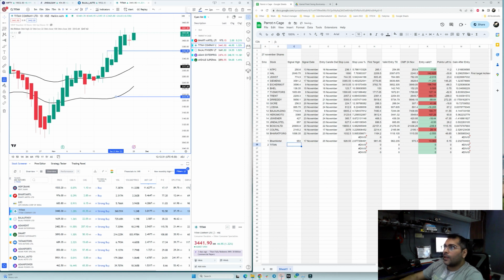Now let's use our sheet and fill it up. Titan: 3366.0 was the entry price. The signal came on 17th, entry came on 21st. The stop loss was 3212.95.